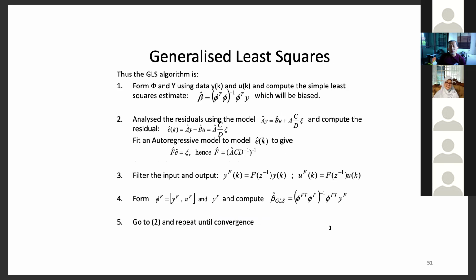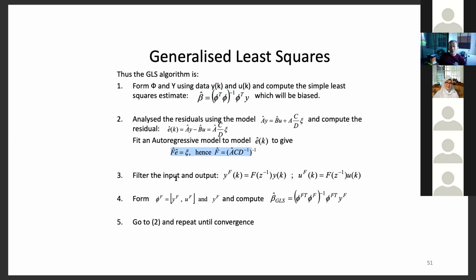Then it will become this method after you apply the filter, so it will become a generalized least square, which is longer compared to the first one before. So what you do is you find the theta and y using data from the simple least square, as shown in the example before. Then you analyze the residuals, then you apply the filtering.